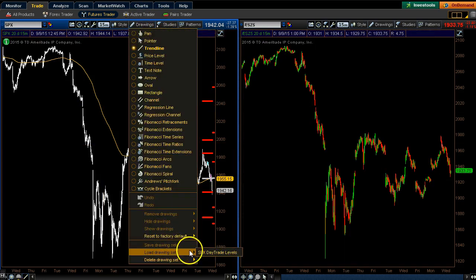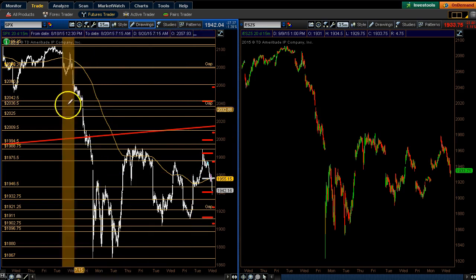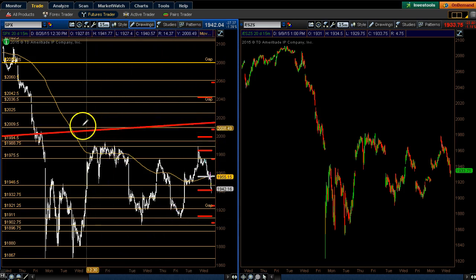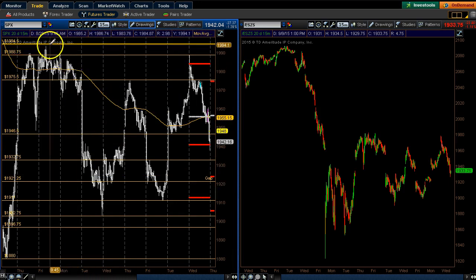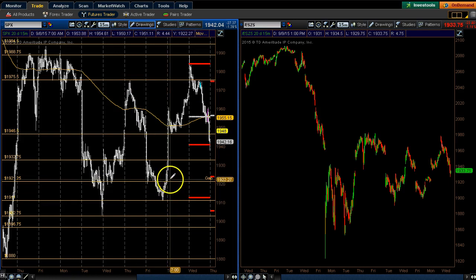So let me draw them on this chart. Now we have a whole bunch of levels. The way I like to draw them is I mark swing highs and swing lows. That's all I do with this.